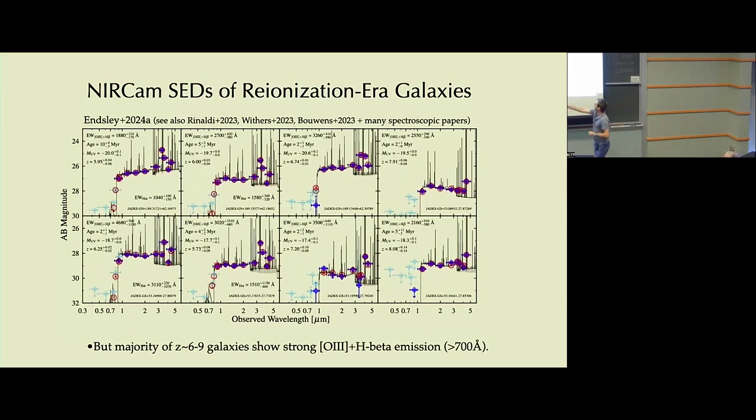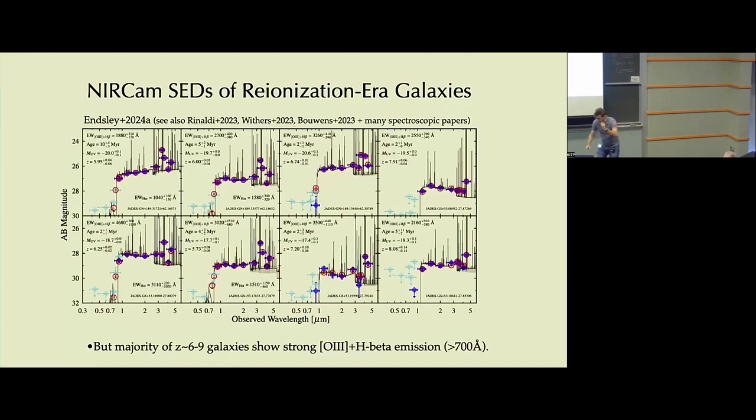You'll see these excesses here in these long-wavelength NIRCam bands. Note these filters often sample oxygen III and H beta, and at redshift 6, H alpha. So you can get photometric measurements of both oxygen III and H beta equivalent widths and H alpha, which do agree with those from spectroscopy, at least at redshift 6.